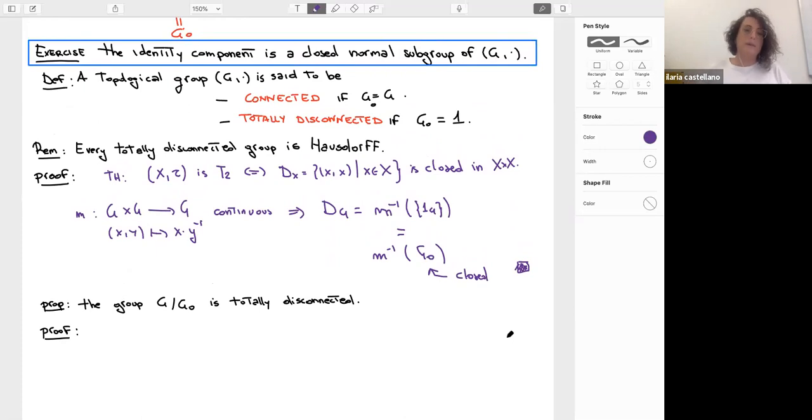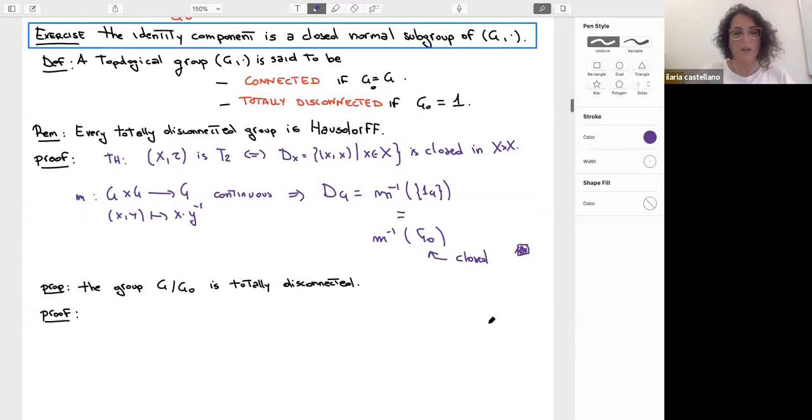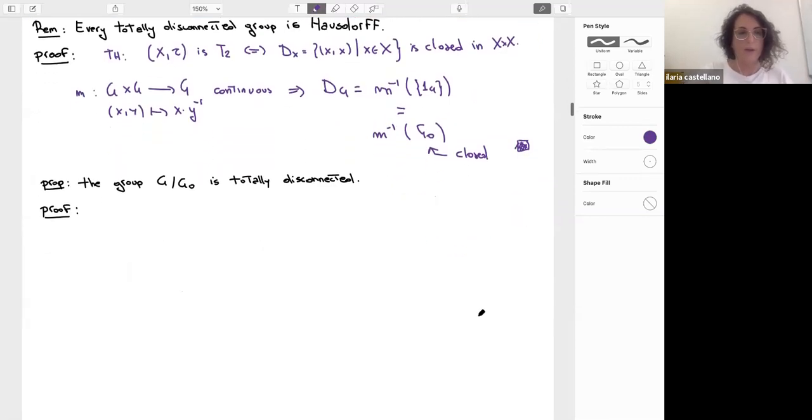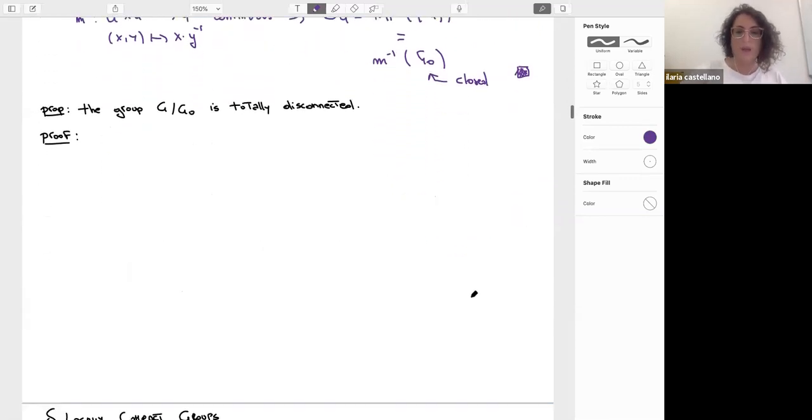So let's keep in mind that if I start from a topological group and I quotient by the closed normal subgroup given by the connected component of the identity, then what I get is again a topological group which is totally disconnected now. This is not difficult to believe because you are just crushing connected components to singletons. So you should be happy with this statement without proof.